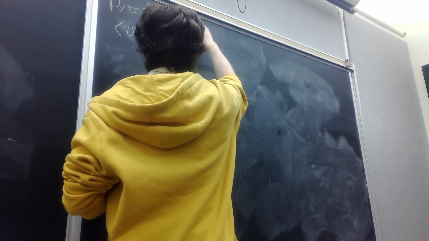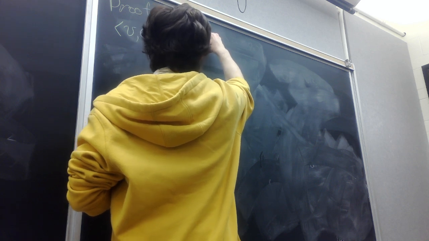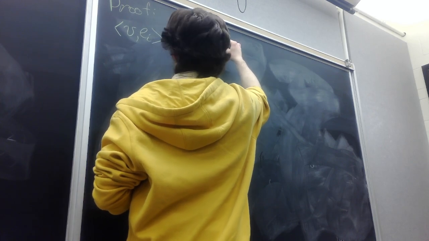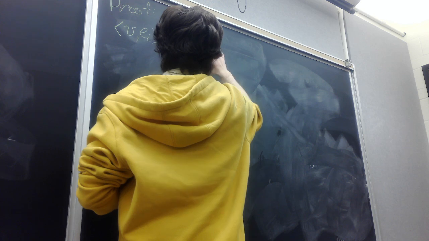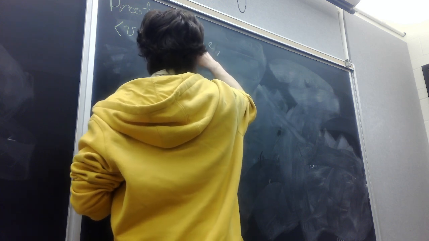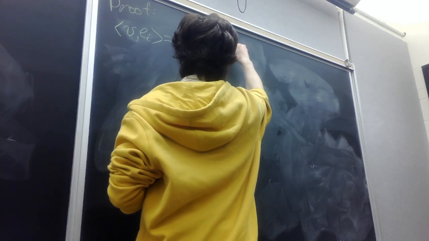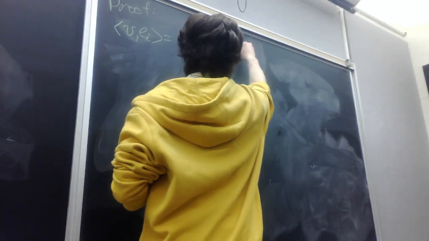Oh, I made the same mistake last time. Let's use j as the index for the sum, and Ei to be this.